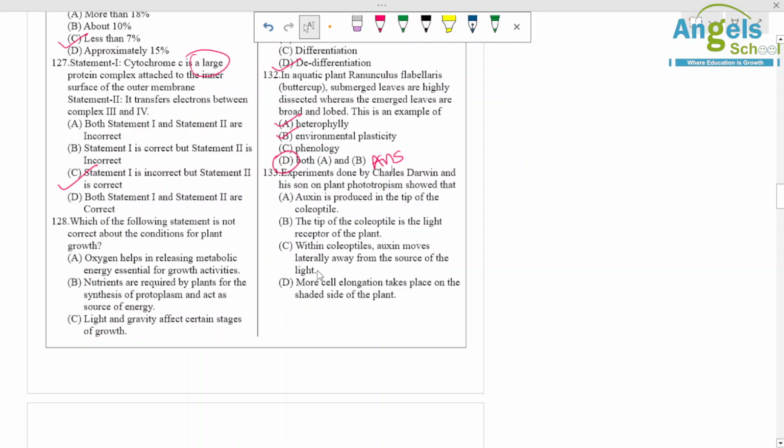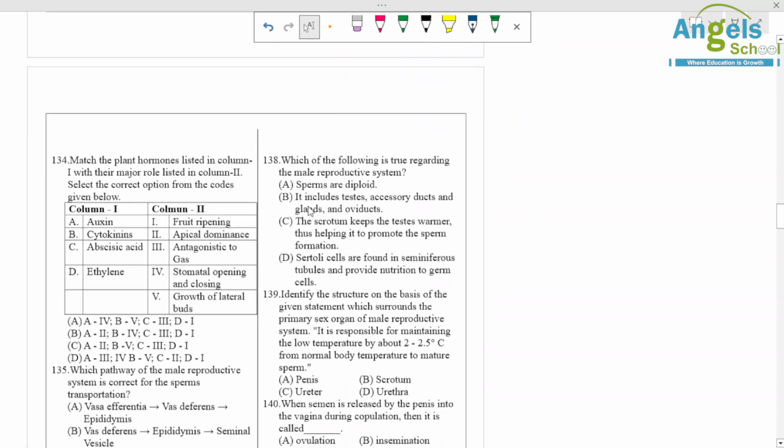More cell elongation takes place on the shaded side of the plant. So option B is correct. Darwin and his son observed that the tip of the coleoptile is a light receptor and it bends towards the light.